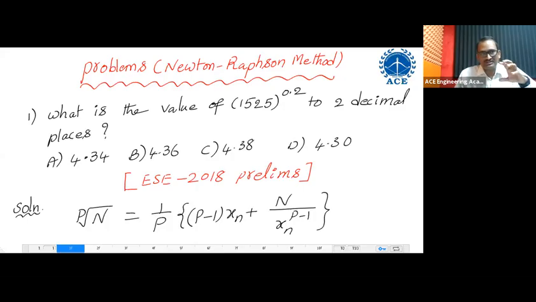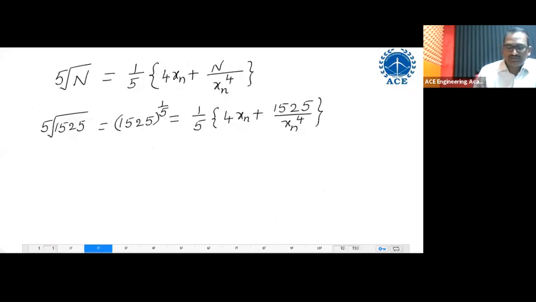But my strong suggestion: whenever the initial approximation is not given, in all such cases, please look at the options. Option A, option B, option C, option D. All options are lying between 4 and 5. So the average of 4 and 5 will be taken as the initial approximation.